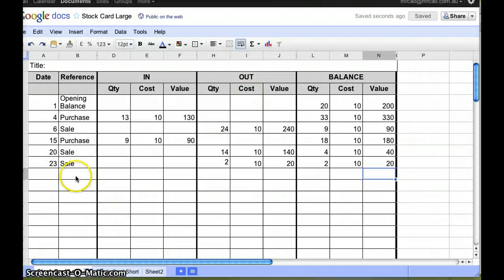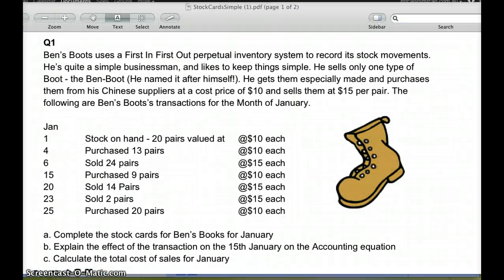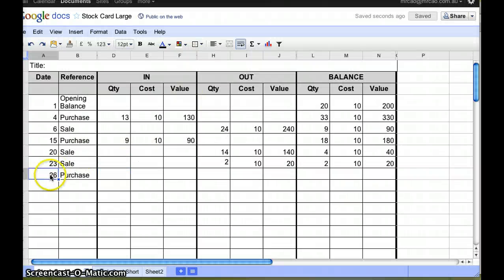And finally, on the 25th I purchased 20 pairs. I'll just check, my memory isn't very good. Yes, 20 pairs.